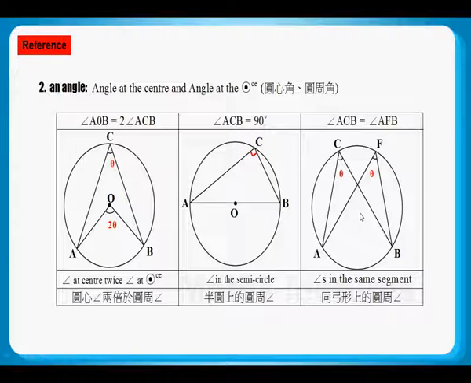It is the same with the angle at the center and the angle at the circumference about angle F, so it is also theta. That means we have two angles that are equal, and we say these are angles in the same segment. Remember the most important point in this case is also A and B, because each point should shoot out two chords.